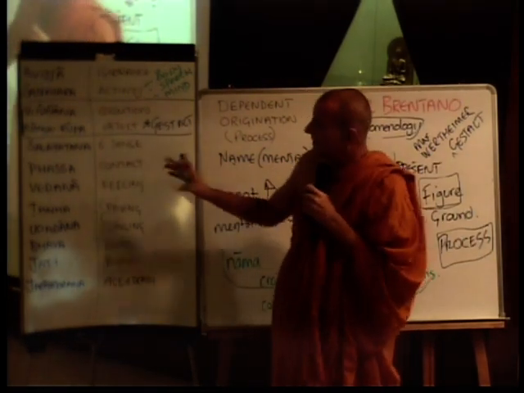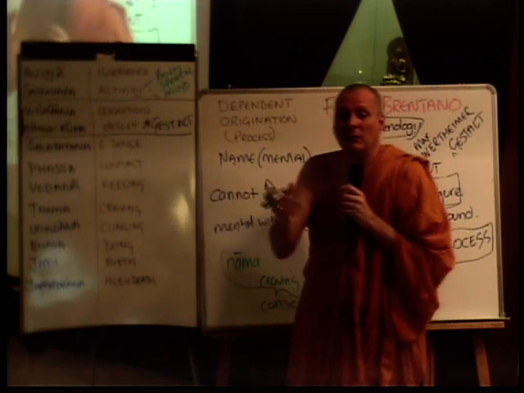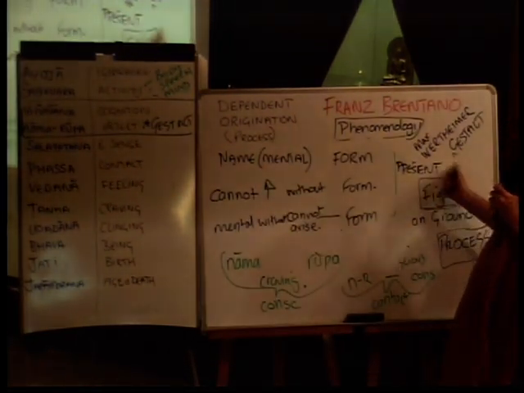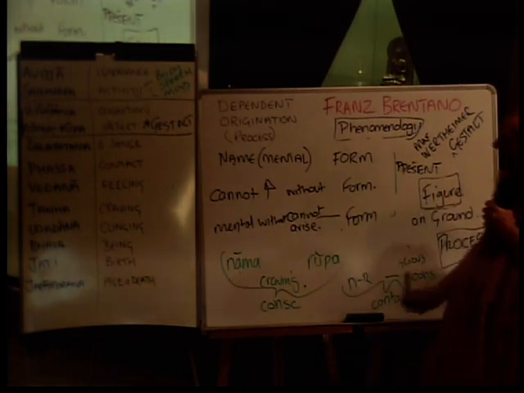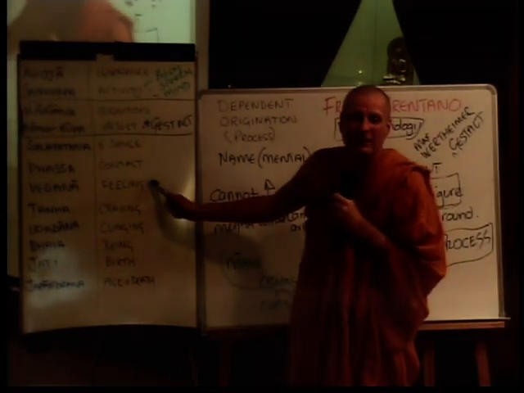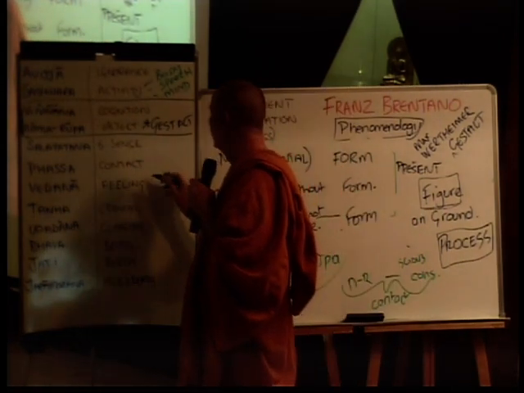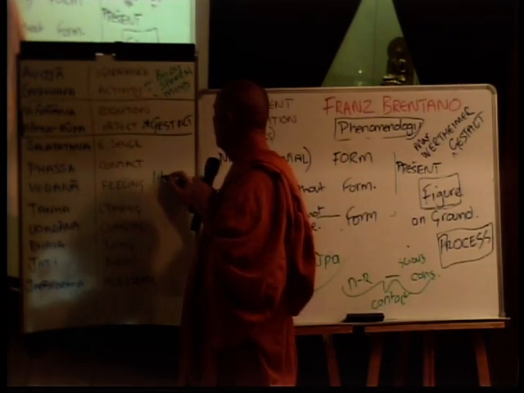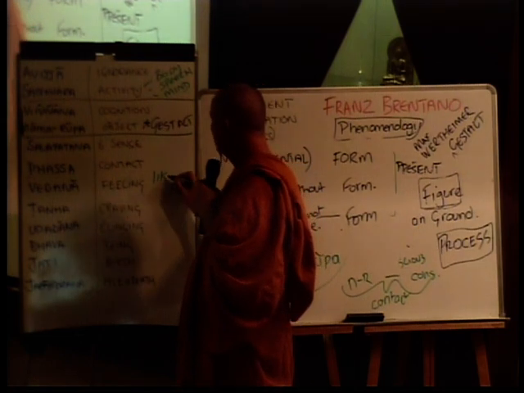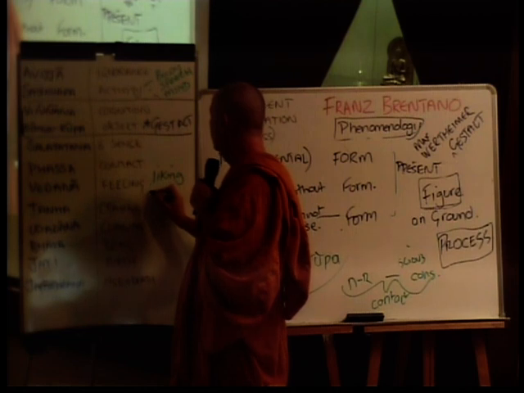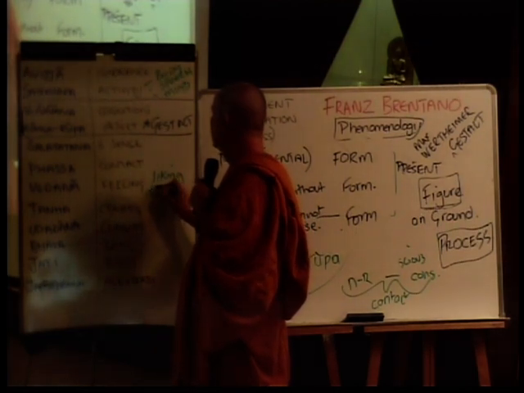Because that sense is activated, you have contact with that figure, with that thing that you are experiencing. Because you are experiencing a thing, you have liking or disliking. When we say feeling, this is very specific. This is only, I should say, pleasant or unpleasant. Some people don't like my translation, but I like it, so I'm sticking with it.